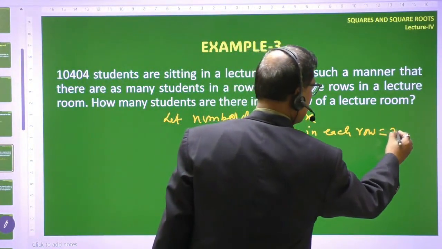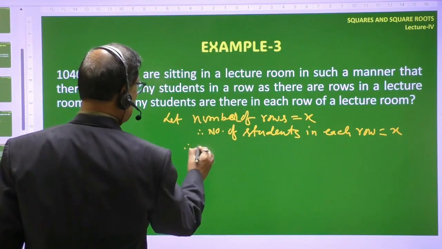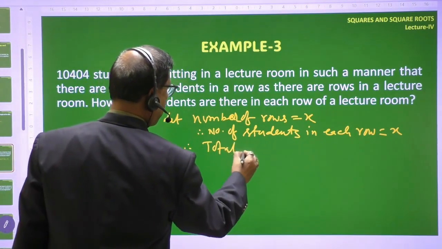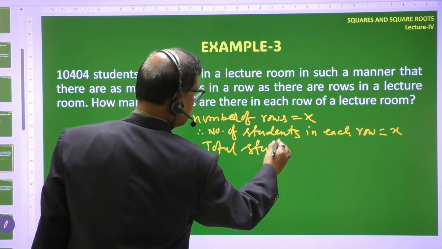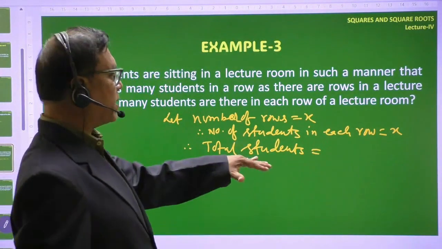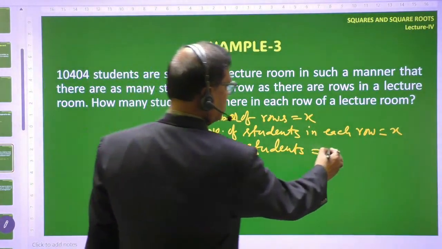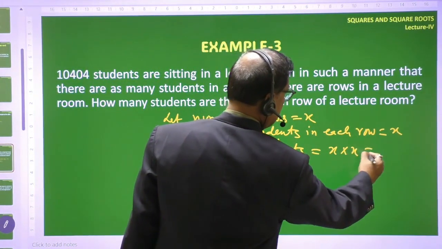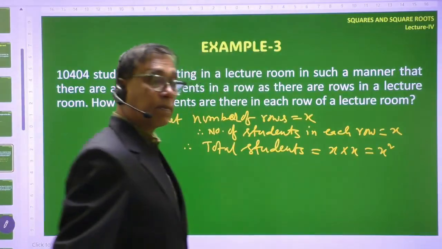So obviously x. Therefore total students is number of rows into number of students in each row. That means x into x. x square is the number of students.